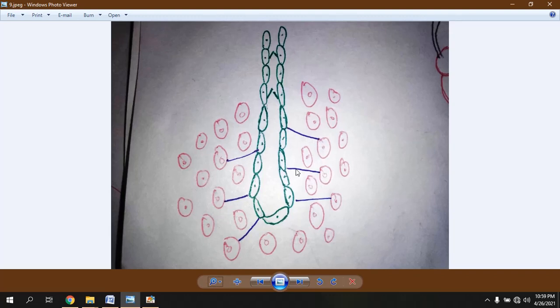When fluid, the plasma, is accumulated in between the interstitial spaces, what happens? The gap between these cells is increased.